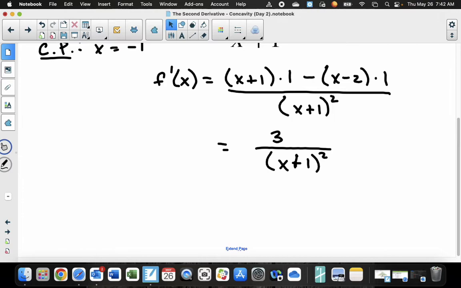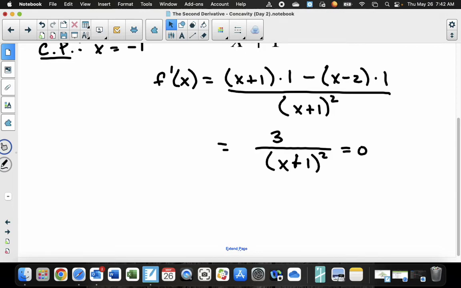Which means right now, we can work our way through our first derivative and figure out increasing, decreasing, max, mins. We can do all that, the first derivative test, okay? So at this point, if we start looking at maximums and minimums, remember, that's where the derivative is equal to 0. And where will this equal 0? Nowhere. Because remember, it's when the numerator equals 0, and the numerator is always going to equal 3. There are no x's to solve for.